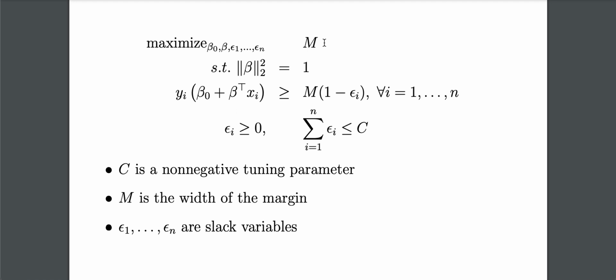What is different now is that instead of just optimizing everything over beta 0 and beta, we have these epsilon 1 to epsilon n. So for each observation, we have an epsilon, which is called a slack variable.